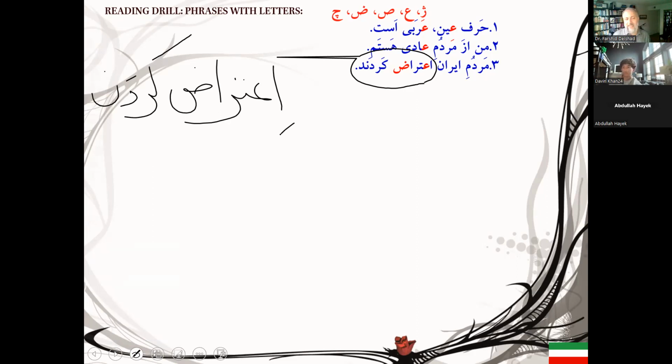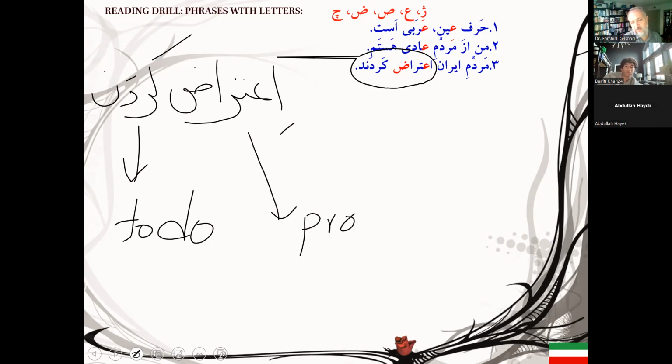What it means is that Persian lacks lots of simple verbs. So for example, we don't have a verb for to protest or to object or to show disagreement. So what we do here is we take the loan word from Arabic اعتراض, which means to object or protest, and we use the verb کردن, which literally means to do. So now it comes together, becomes to do protest.